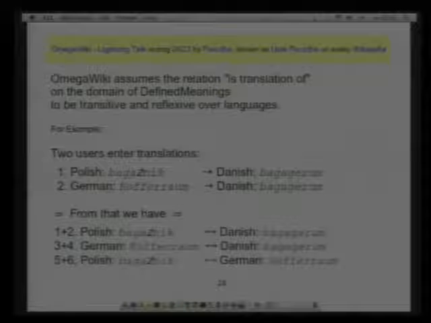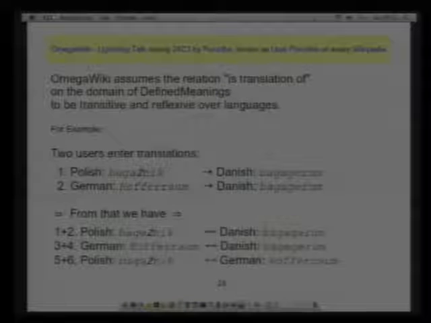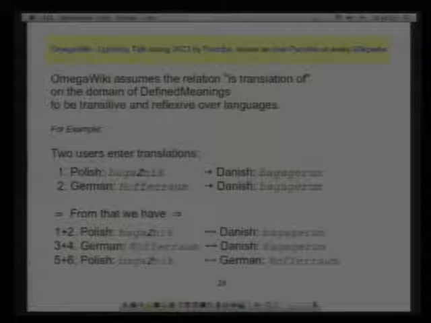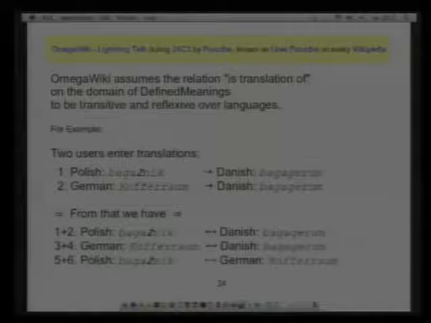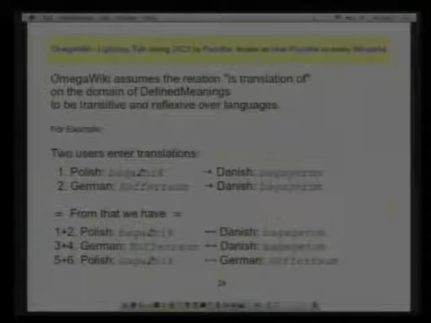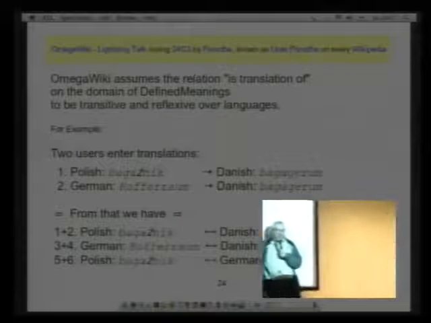And if two people enter translations and they share one word in one language, then we effectively have 6 translations by just using the fact that the translation of a translation is again a translation of the original. You see, at the lower end you have 1 and 2, and you have this double arrow.